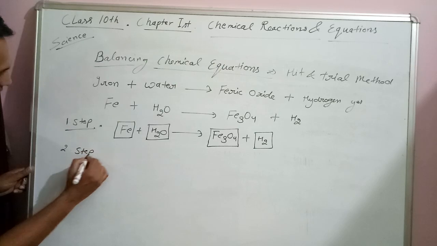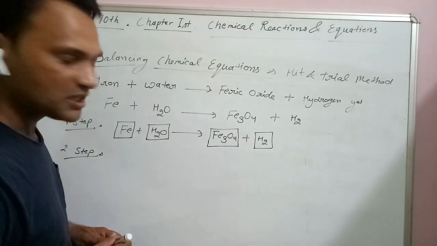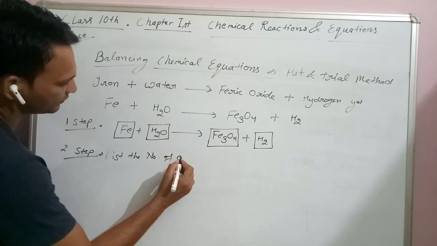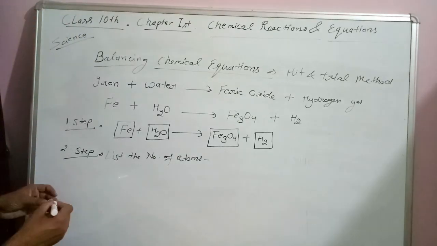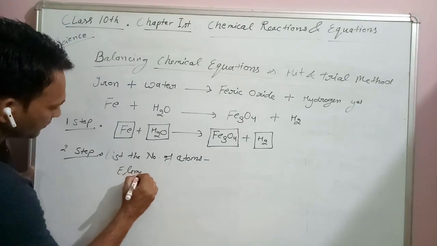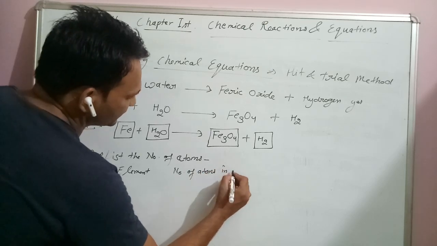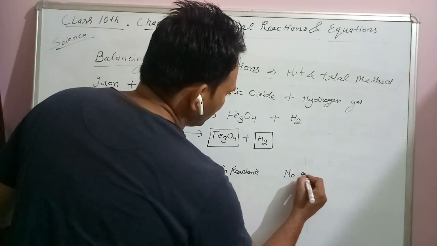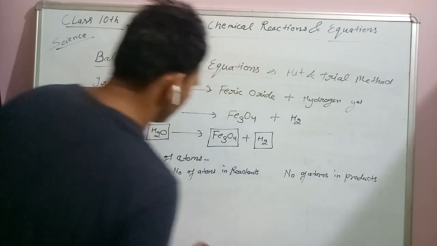In the second step, list the number of atoms of elements present in the reactants and the products separately. So we draw a table including three partitions: element, number of atoms in reactants, and number of atoms in products.